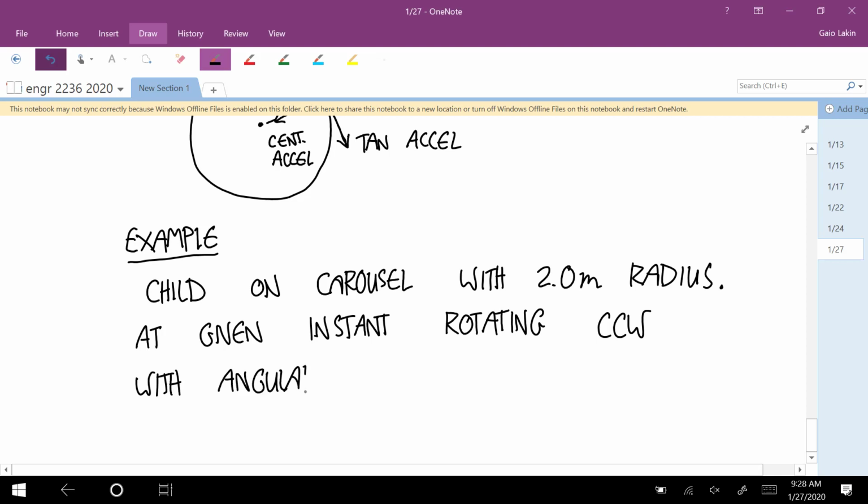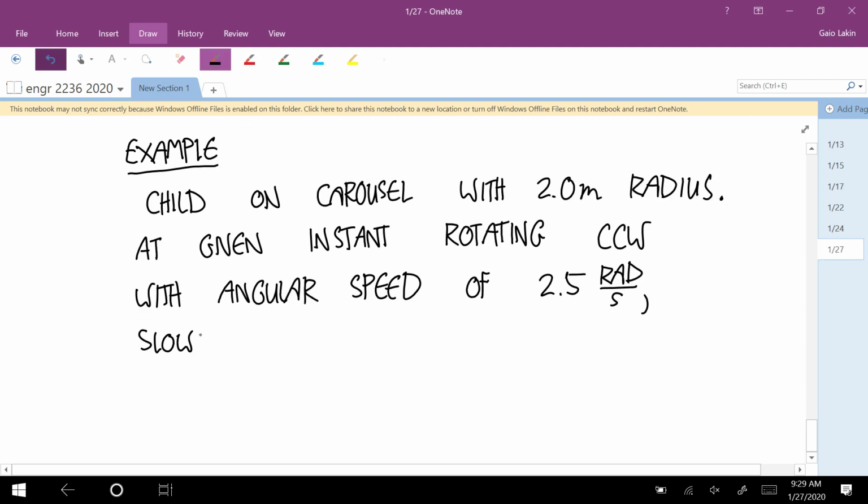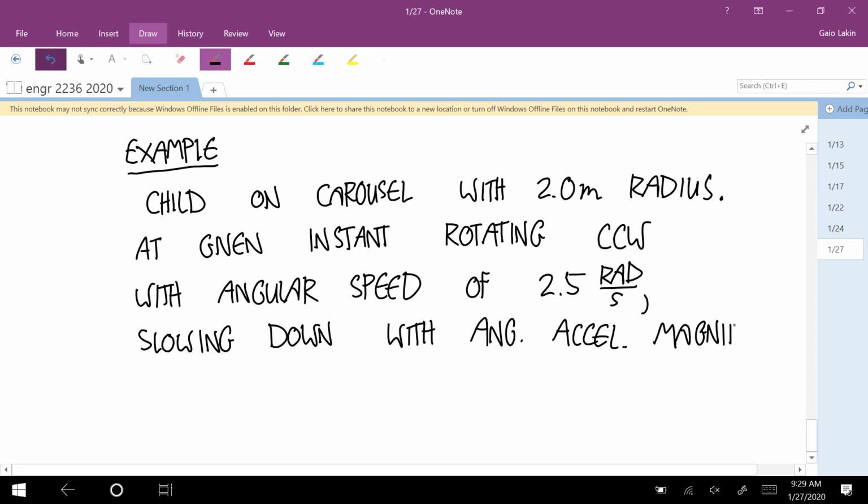With an angular speed, so that's the magnitude of the angular velocity, of 2.5 radians per second, and slowing down with an angular acceleration magnitude of 9.5 radians per second squared.